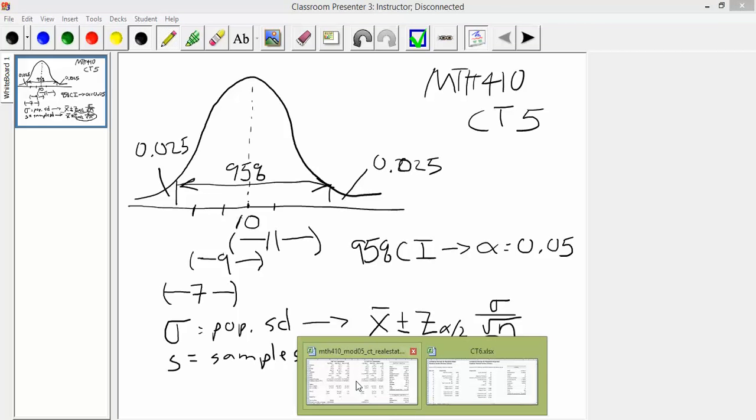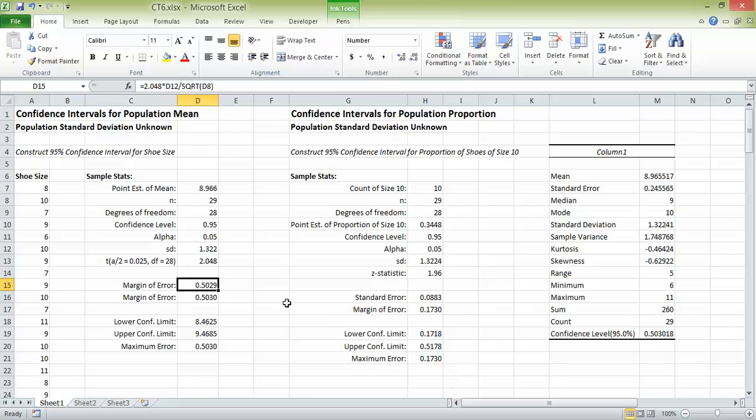So 2.048 times D12, the sample standard deviation, and divide by the square root, the sqrt function, of sample size. And it gave me 0.5029.